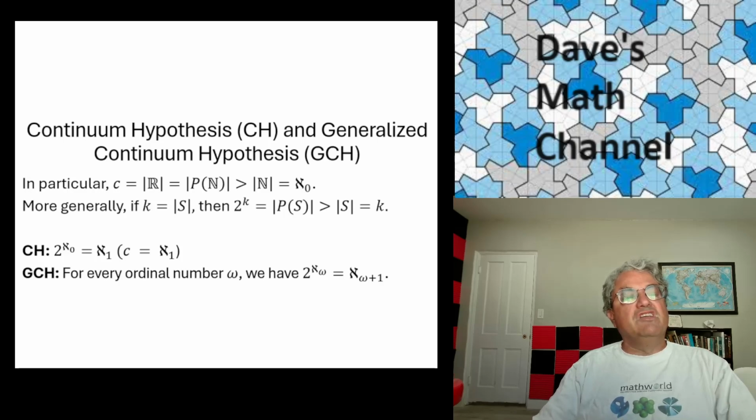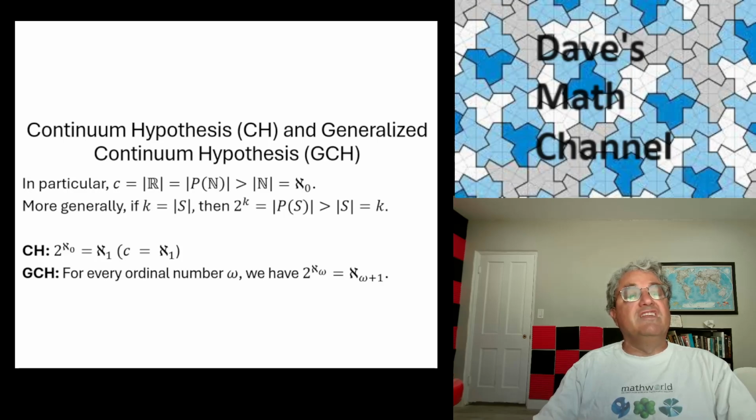Well, what we've proven by Cantor's diagonal argument is that C is strictly greater than Aleph null, which is the cardinality of the positive integers. But like I said, we could prove this result using the special case of Cantor's diagonal argument applied to the positive integers.